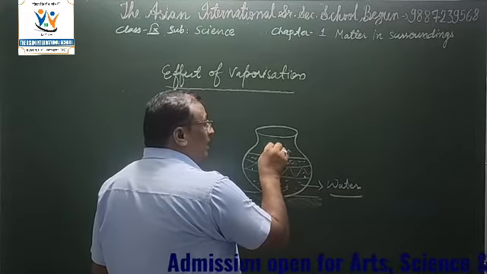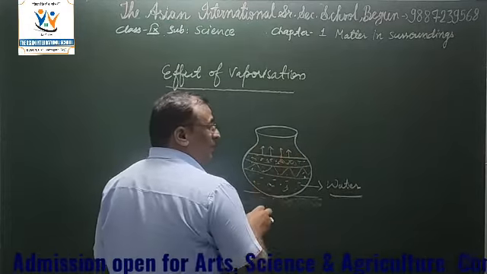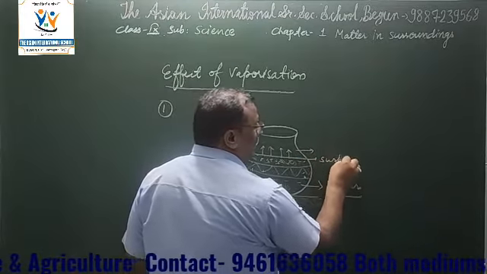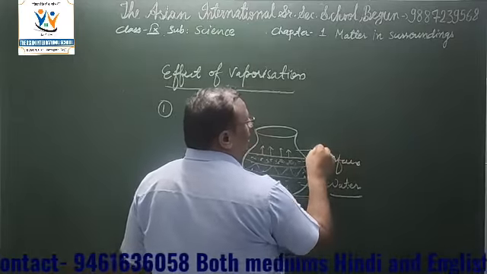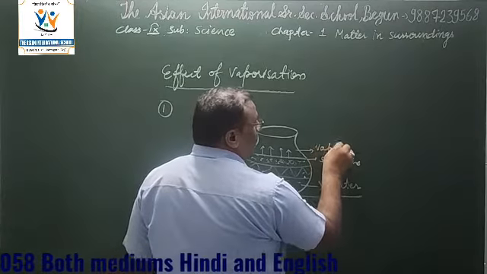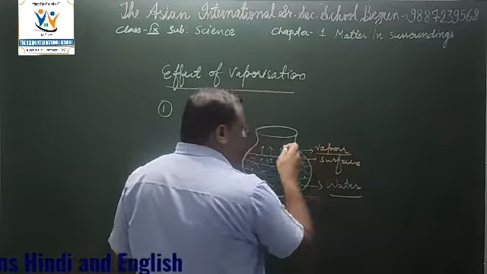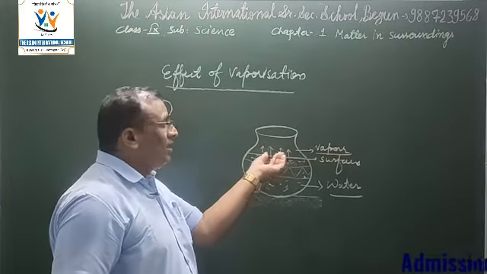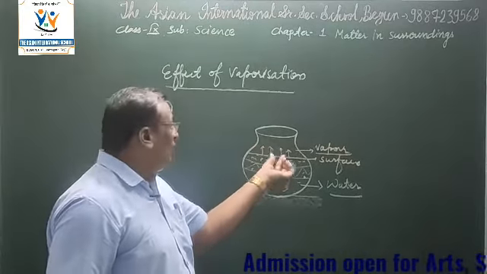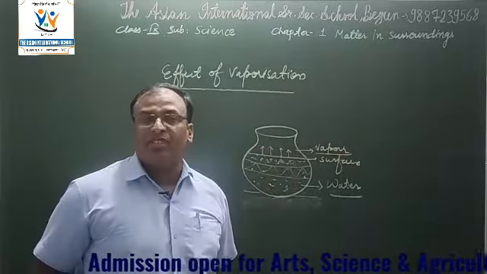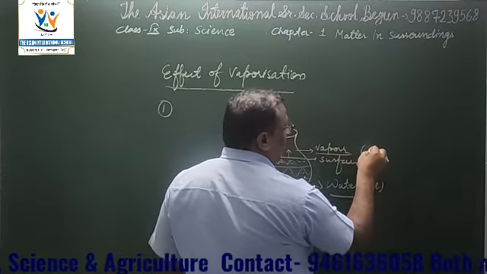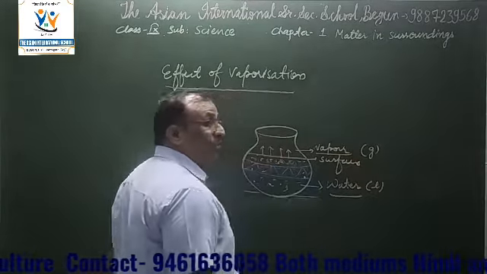When these particles leave the surface, this is the surface and this is vapor, some of the water particles change their state from liquid state to vapor state. This is water, the liquid state, and this is vapor, the gas state.